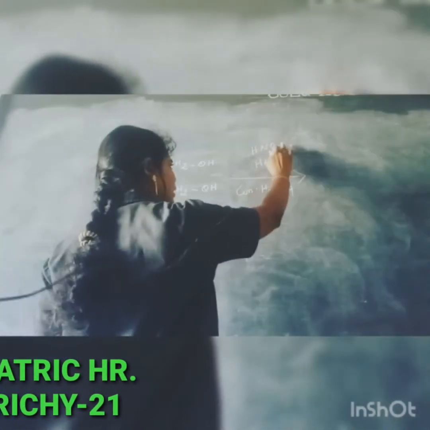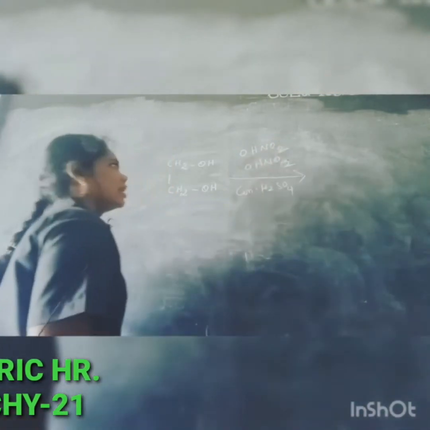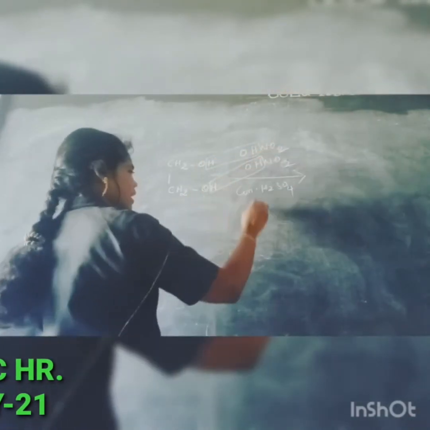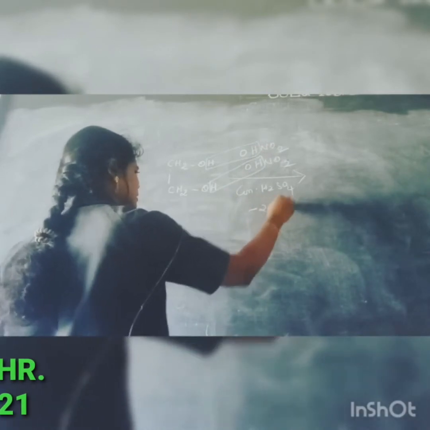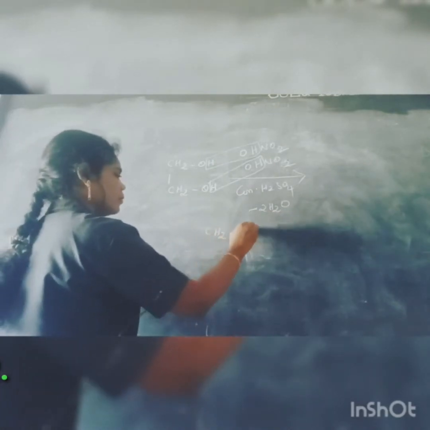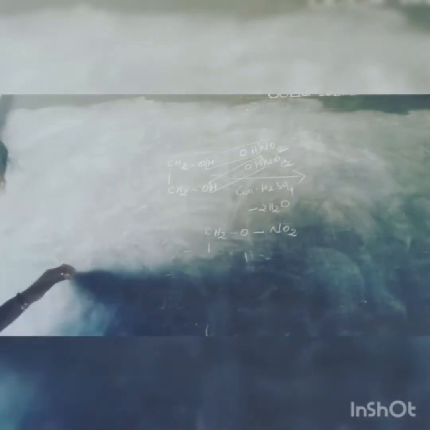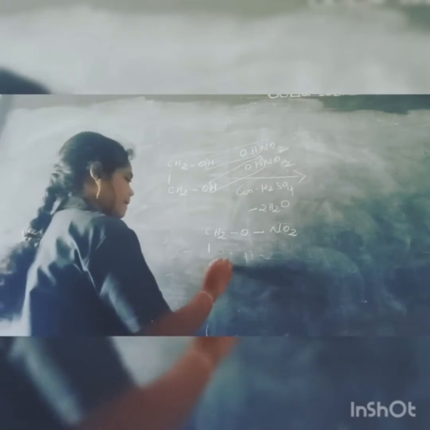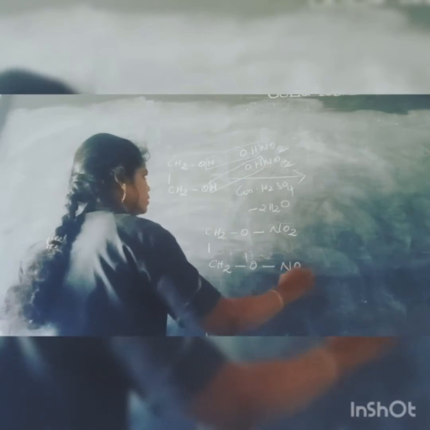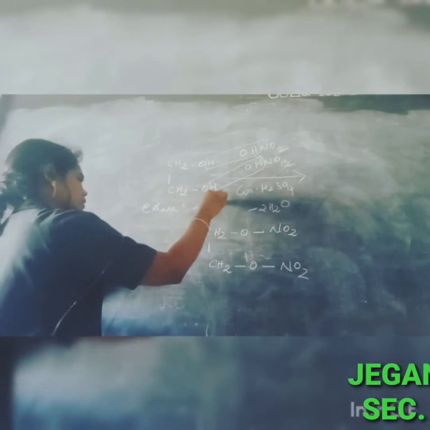So here I remove one oxygen like this, here two times, and here another one. So water molecules are removed, that is minus 2 times H2O. So what is remaining? CH2O, CH2O and O.